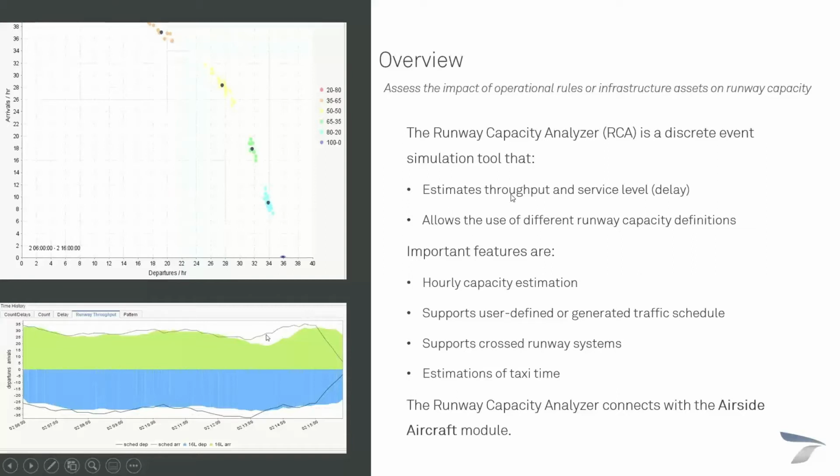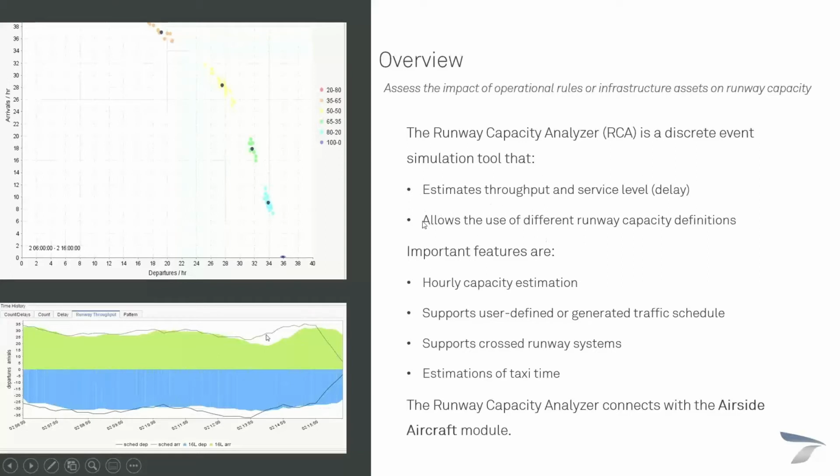You can tell AirTOP to make 10, 20, 30, or 100 runs and get more data points to analyze your runway capacity. So that's why, for the sake of speed, we have also created this module to give you statistical significance for your runway capacity studies.